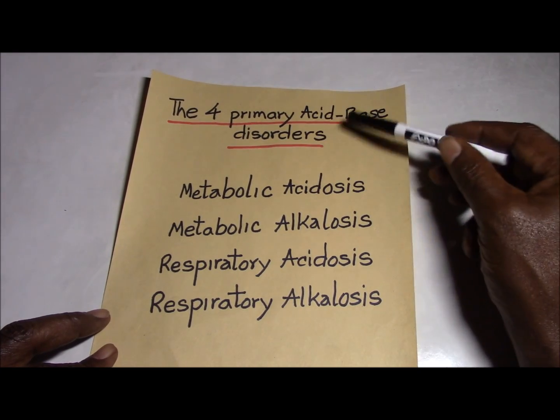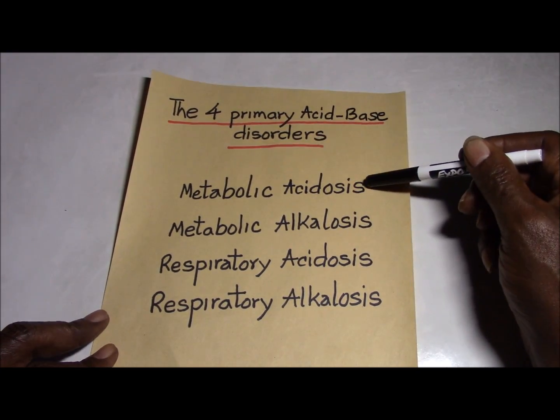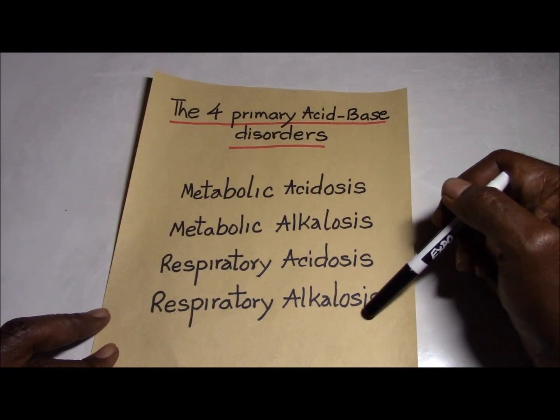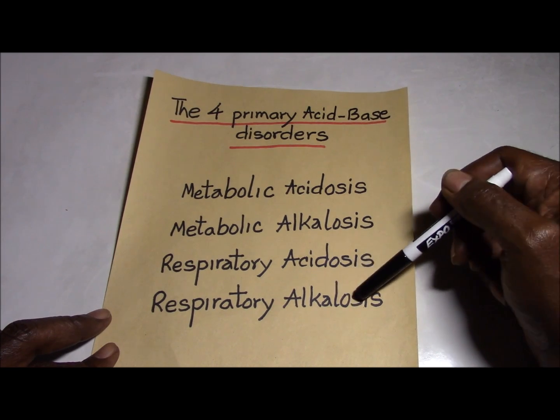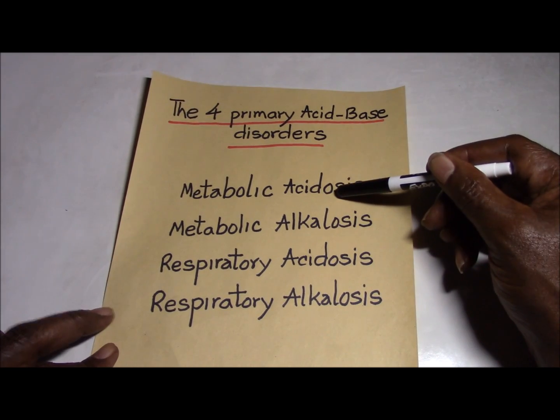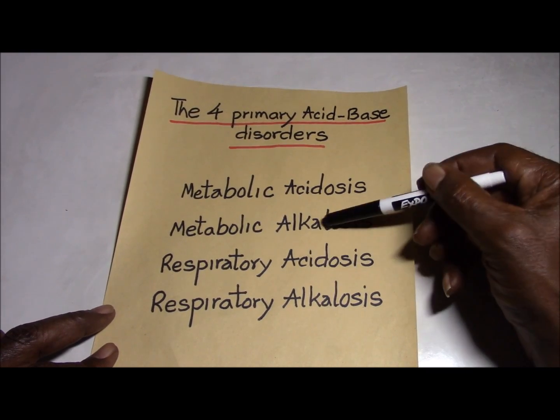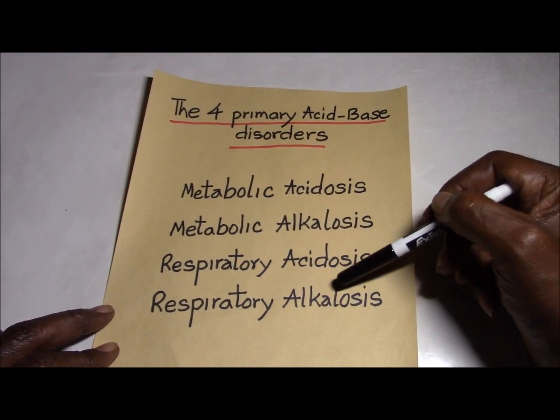Here are the four primary acid-base disorders, and they can be very confusing. What this presentation will do is to enable you to confidently and successfully sort one from the other, depending on what the question is.